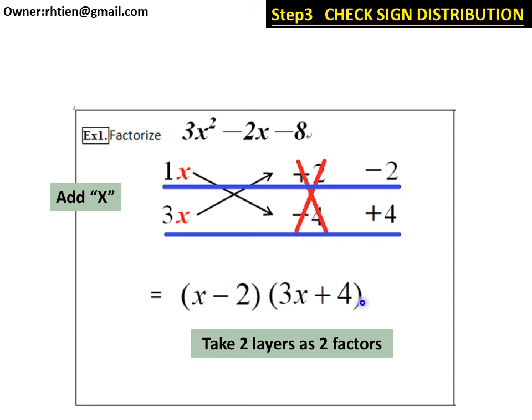And we fill the first vector in, x minus 2. And the second vector, 3x plus 4. Okay, we get it. Example 1 is over.